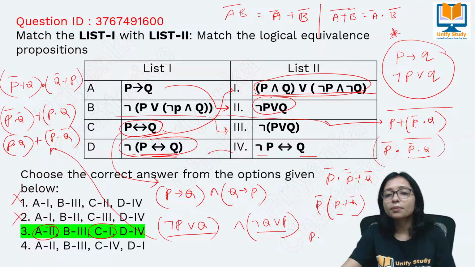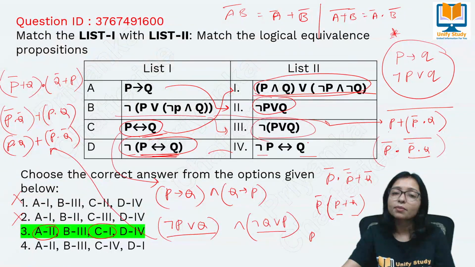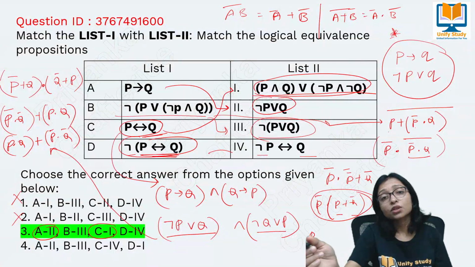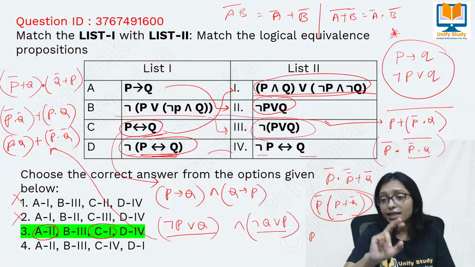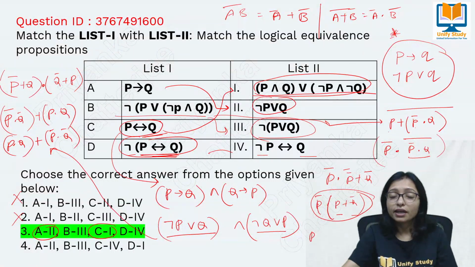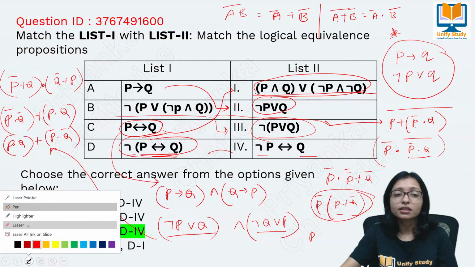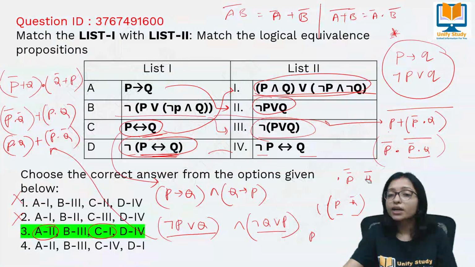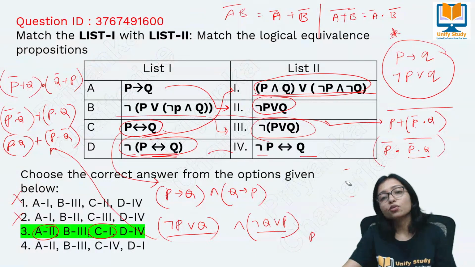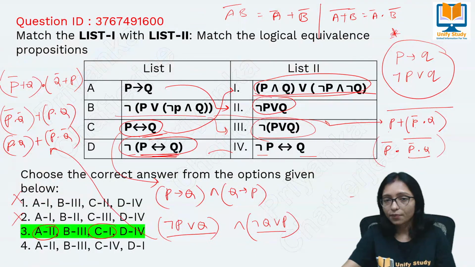Then P bar plus P bar will be cancelled. So it will be not P bar plus Q. You will be able to do it. So Boolean algebra and propositional logic, whenever you are doing together, then it will be more easy for you. So today do the propositional logic, then tomorrow we will do Boolean algebra.